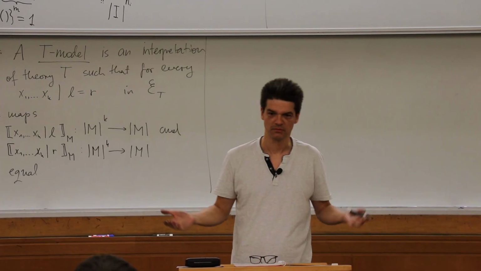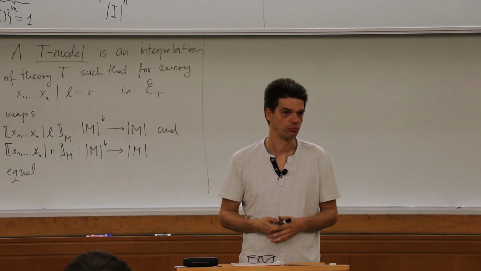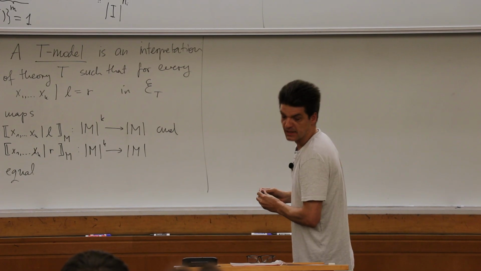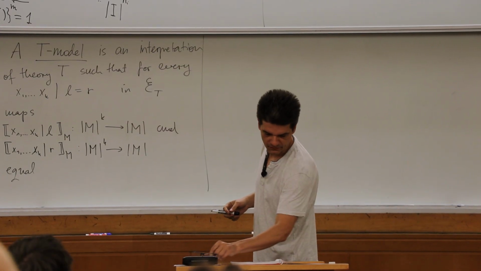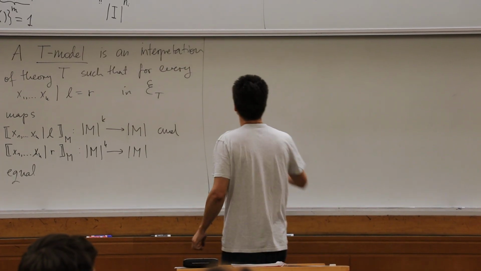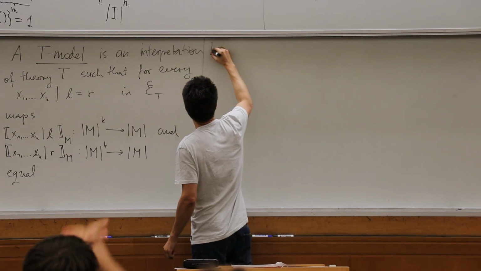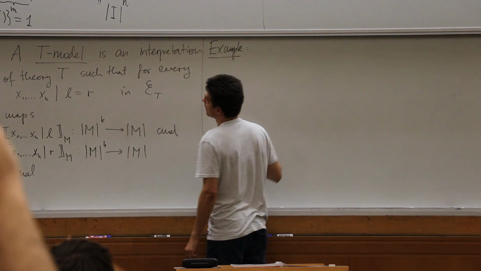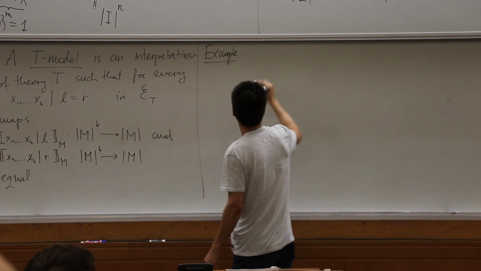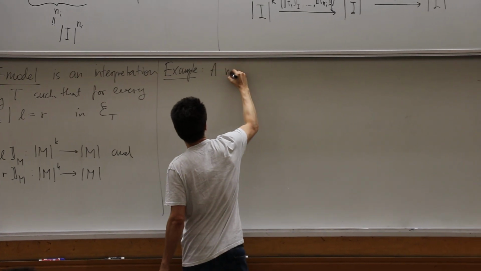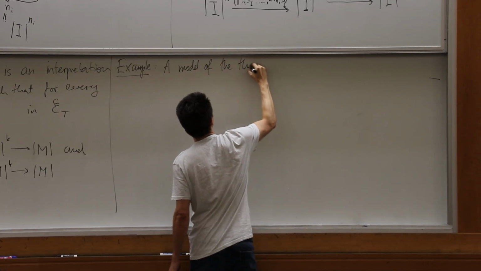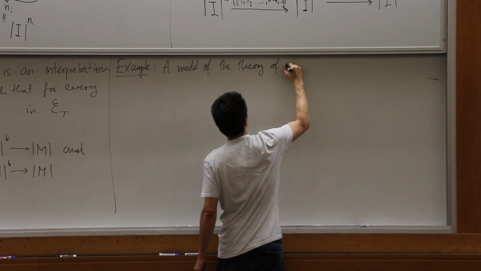It shouldn't be something strange. It should be just a group. So maybe let's have some examples. Let's have the silly examples. The theory of a pointed set. A model of the theory of a pointed set.